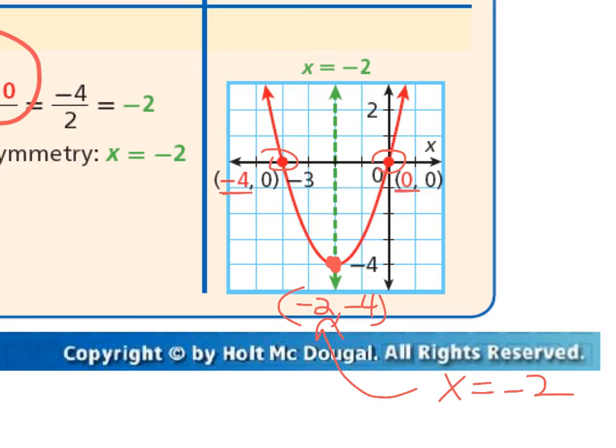So negative 4 plus 0, and find the average. So divide it by 2, because you're trying to find the middle. And then get negative 2. And it's always an equation because it's a vertical line. So don't just tell me it's negative 2. You have to write it as x equals.